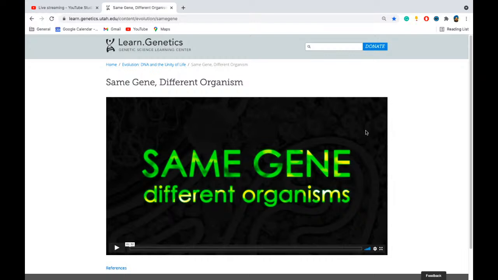Or we put it into a fish and it will start glowing in the dark. Or spiders produce silk webs, and we took the gene that produces that silk and put it into yeast. And from the yeast, we can have a huge production of these silk webs artificially. So it will be the same gene in a different organism, but we are getting a function out of it from a different organism.